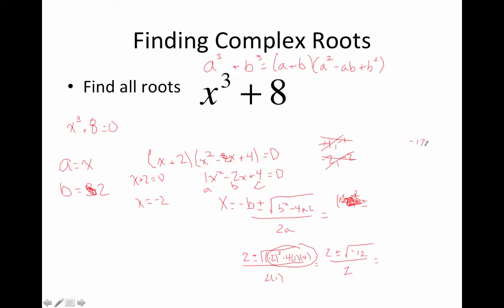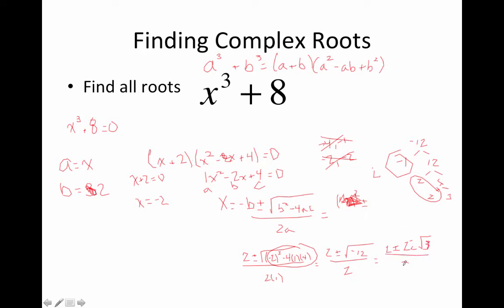So if I break down negative 12, I know I've got my negative 1 and then positive 12. 12 is 2 and 6. 6 is 2 and 3. A pair of 2's will come out. The square root of the negative 1, that makes my i. So I have 2i that comes out with a square root of 3 still inside.